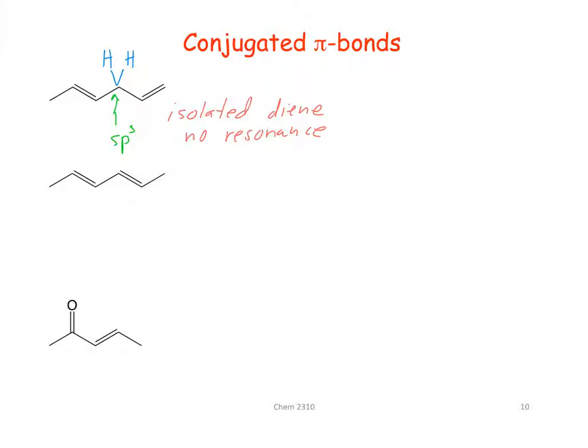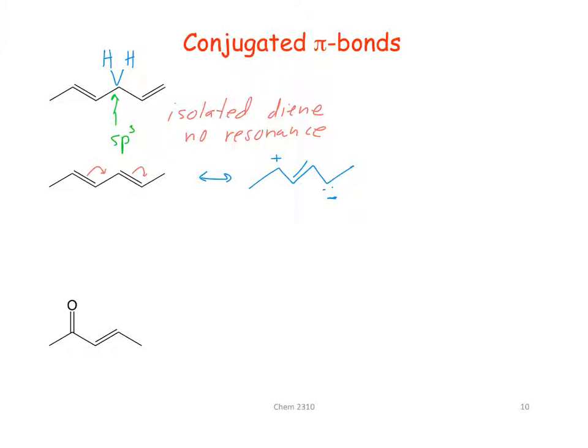Okay? When we have 2 pi bonds next to each other, however, they can have some resonance. So for example, we could move these electrons over here. Right? This whole thing is symmetrical, so we could do it either way. If we did that, we'd be left with a plus here. We shifted our double bond there, and we have a minus over here.